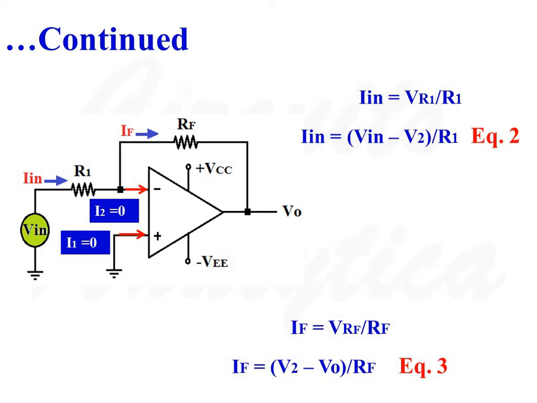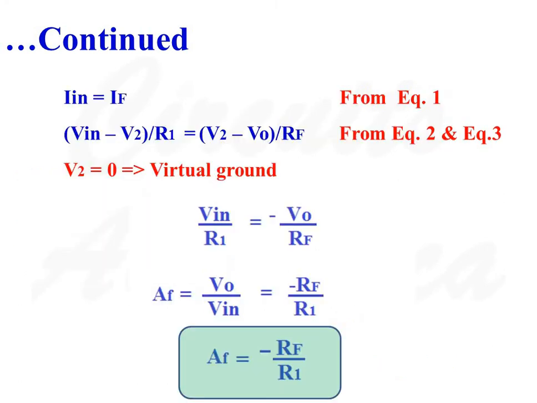IF is equal to V2 minus V0 divided by RF. Equation number 3. So I-in is equal to IF from equation 1. V-in minus V2 divided by R1 is equal to V2 minus V0 divided by RF, from equations 2 and 3.